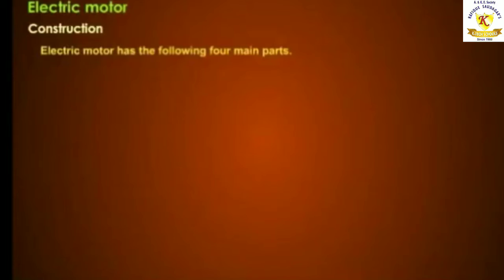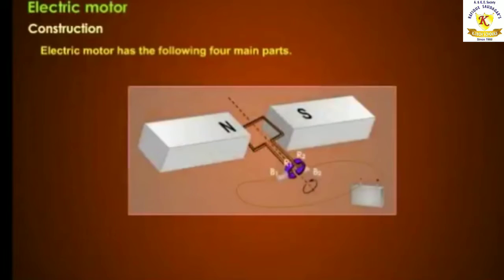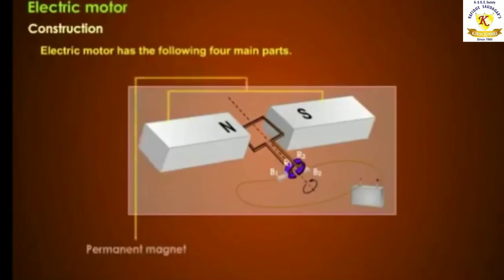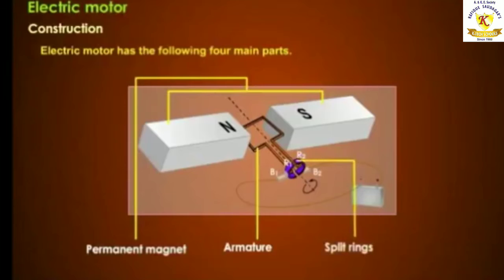Electric motor has the following four main parts: the permanent magnet, armature, split rings, and carbon brushes. So this is the construction and it has these four main parts.